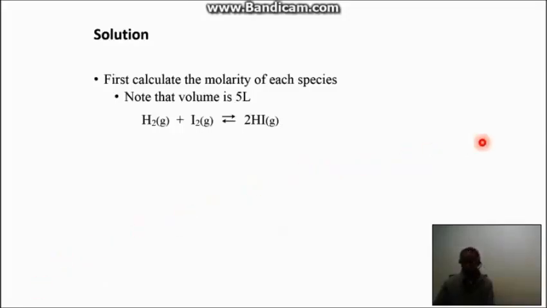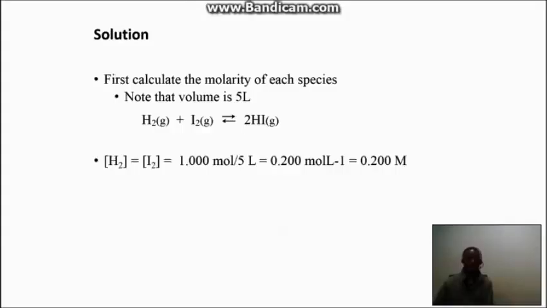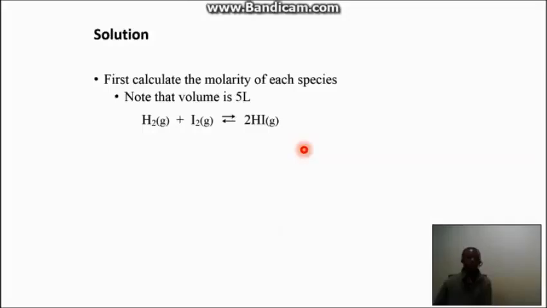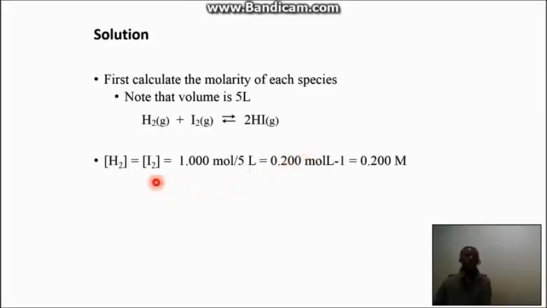Now, first, we need to know that we have 1 mole of hydrogen, 1 mole of iodine, but we need to change it to the concentration.